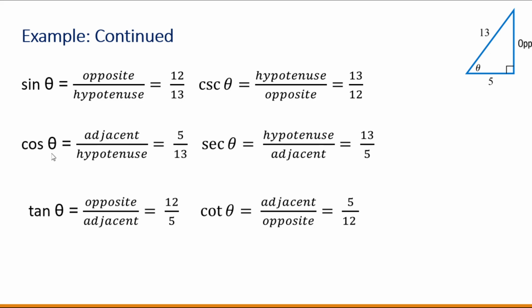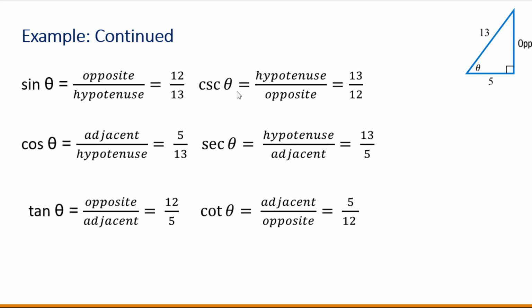The cosine of angle theta is equal to the adjacent side over the hypotenuse, which is 5 over 13. The tangent of theta is equal to the opposite side over the adjacent side, and that is 12 over 5.